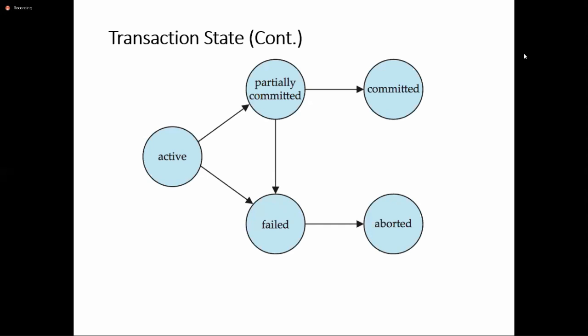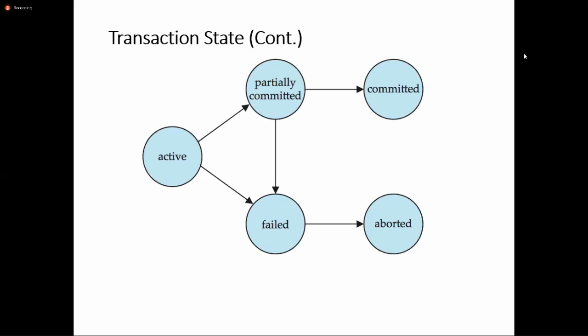At this point, the transaction has completed its execution, but it is still possible that it may have to be aborted, since the actual output may still temporarily reside in main memory, and thus a hardware failure may prevent successful completion.